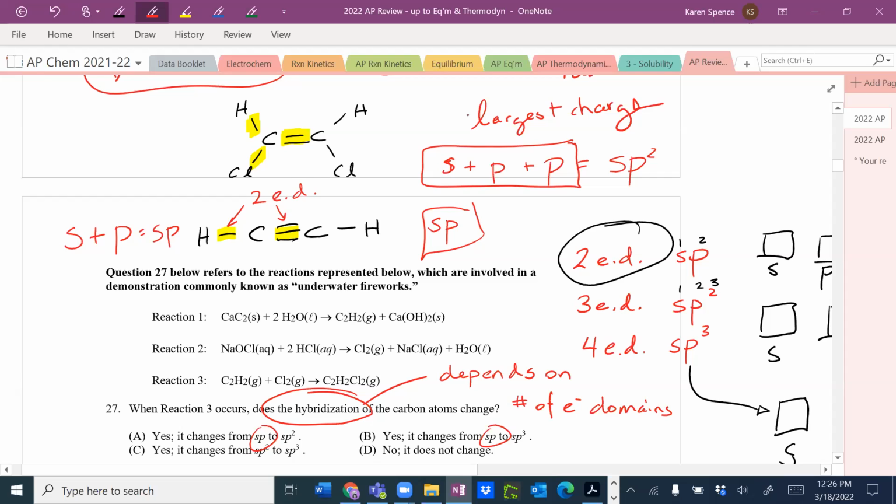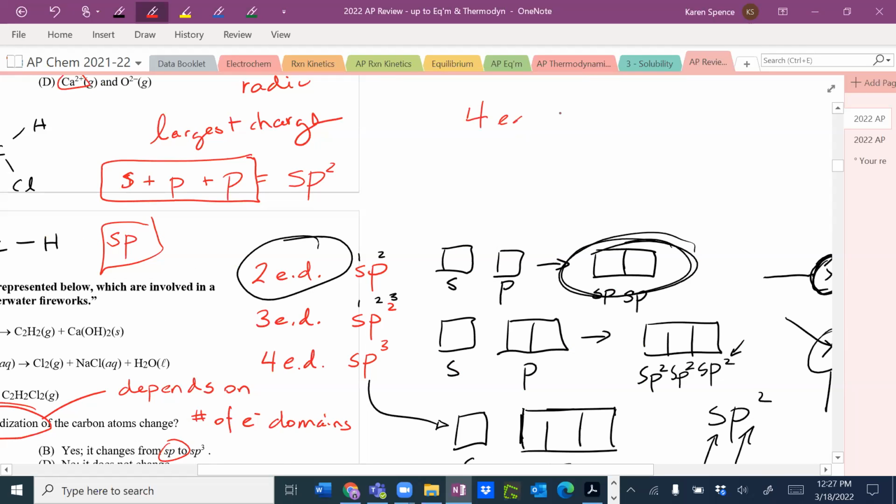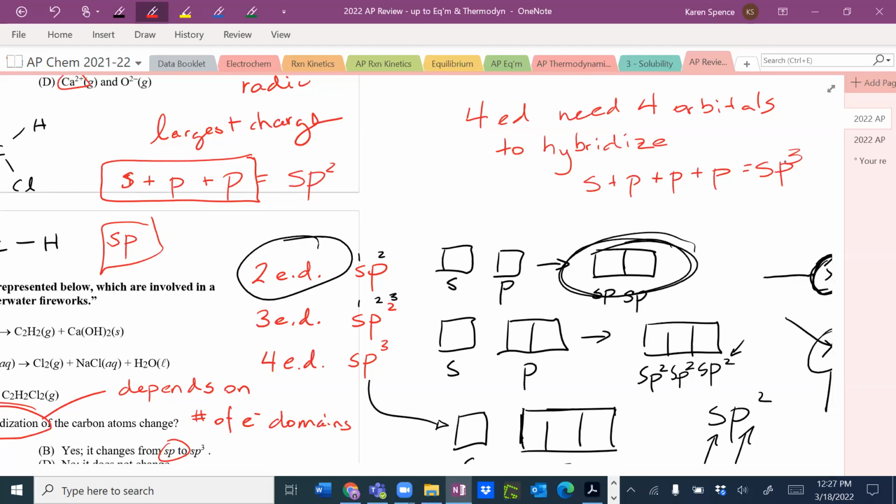If you have 4 electron domains, you need 4 orbitals to hybridize, which means that you need an s and a p and a p and a p, which gives us sp3 hybridization. And like I said, hybridization is not really borne out by serious science, but it's a good enough model for lots of things.